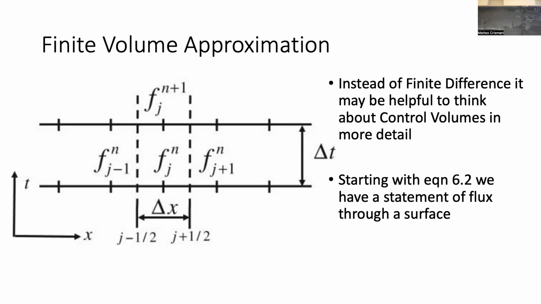Those are all approximate derivatives evaluated at a point. Whereas this volume version approximates the value in this region and then looks at how it's leaving or coming, just the in-out that we talked about before. Does that make sense?